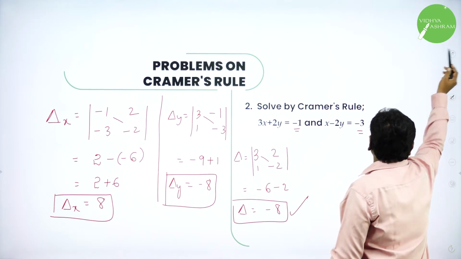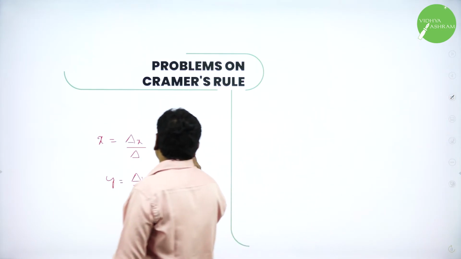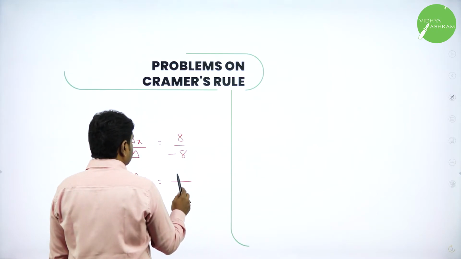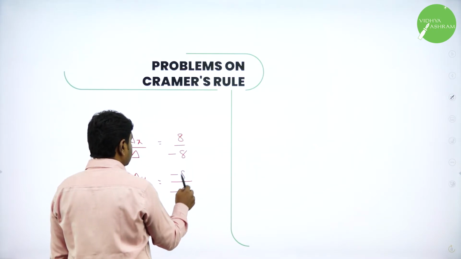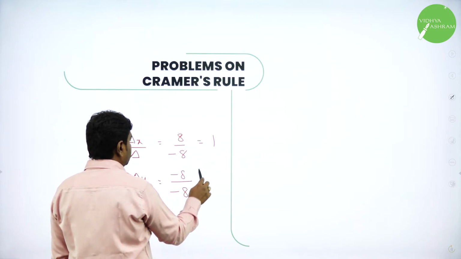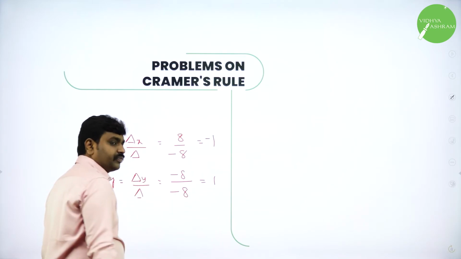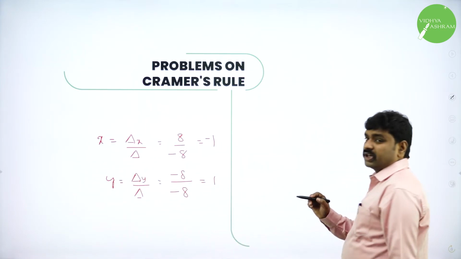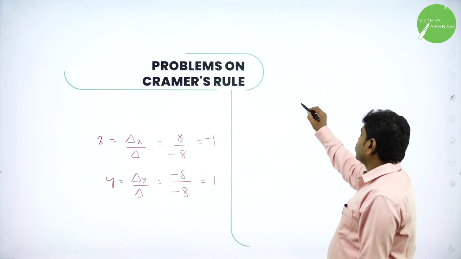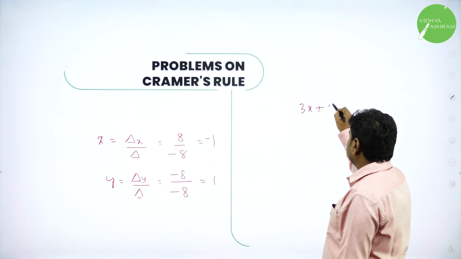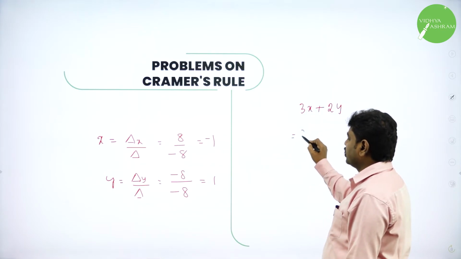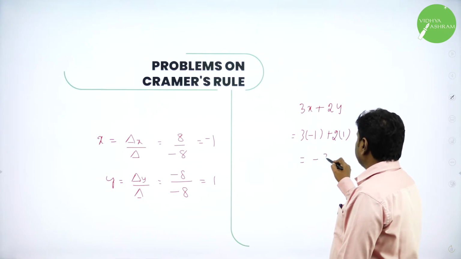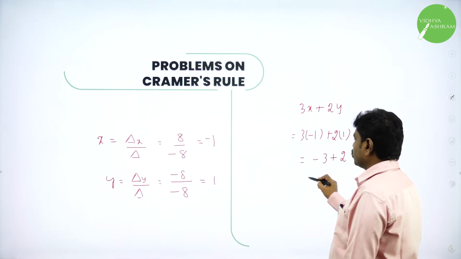So this will give you x equals minus 1 and y equals positive 1. So you got the x and y values; substitute in any one of the equations. I'll take the first equation, 3x plus 2y, and substitute the values: 3 into minus 1 plus 2 into 1, minus 3 plus 2. How much does that give you?